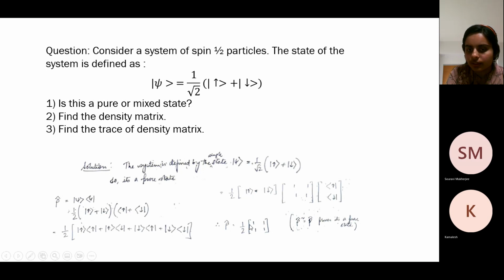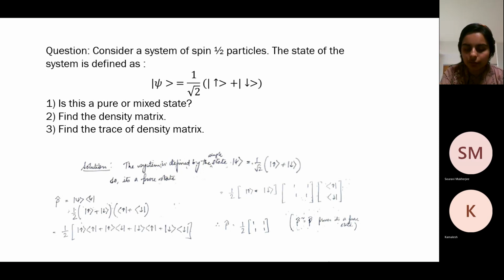So can you tell me what is the trace of the density matrix? Trace means the sum over the diagonal elements, right? Is it 2? Hmm, 1, because a half is outside.